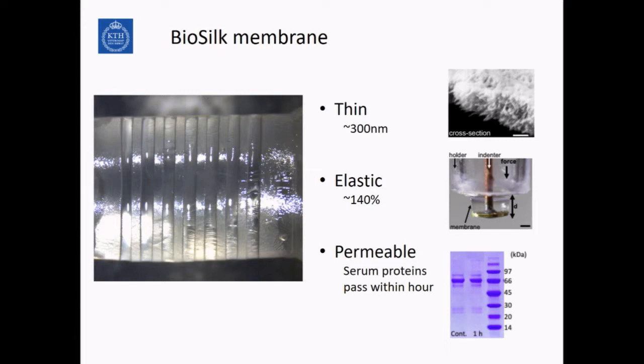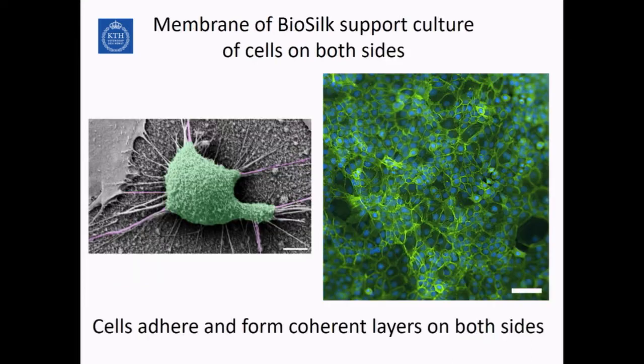And it's permeable for the proteins that are in the blood, that are important to be able to pass through the blood vessel. And since it is made of Biosilk, you can grow both types of cells that are in the blood vessel on each side. And these cell types then form a layer that looks like the inside of a blood vessel.